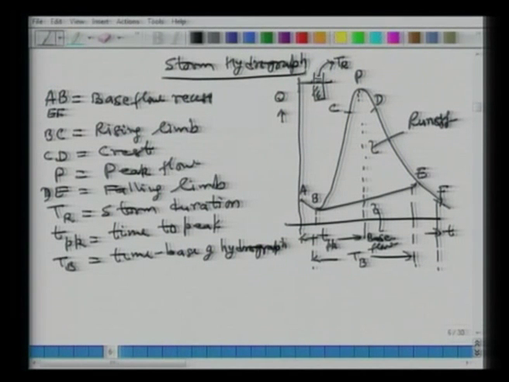Okay. There is one more thing which we have not defined here, which is called the time lag.